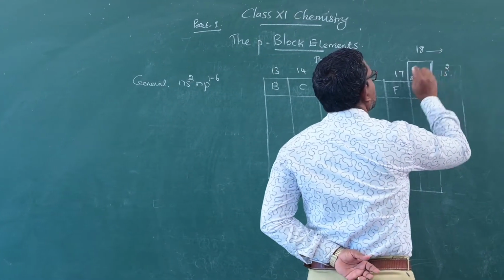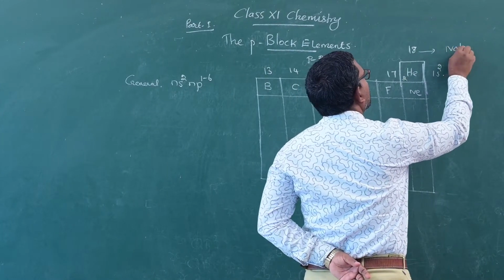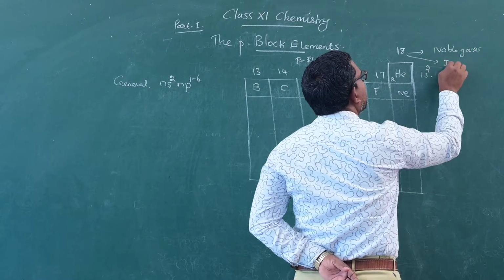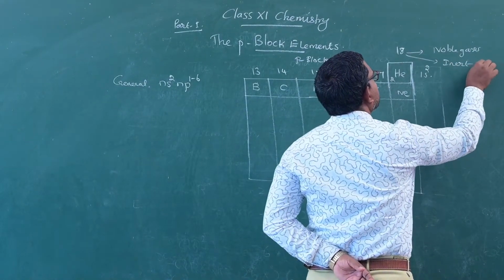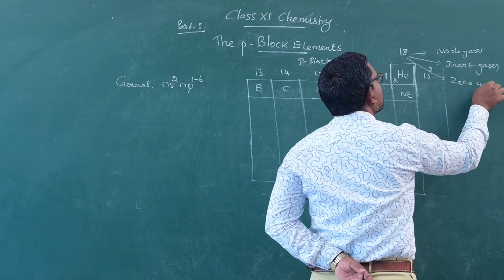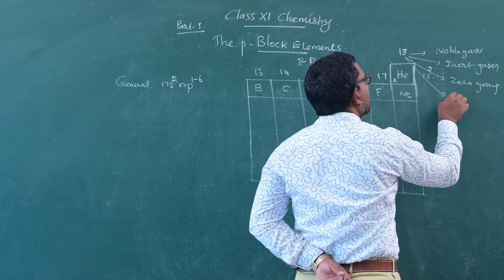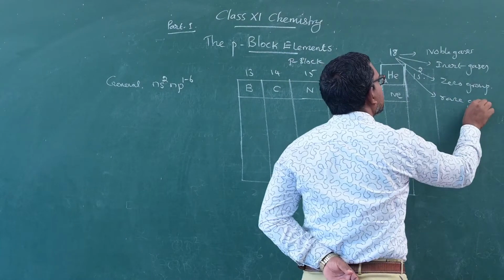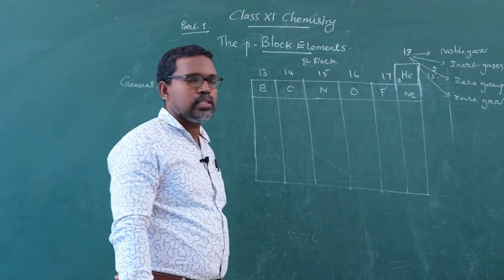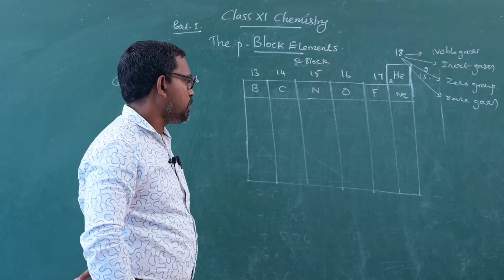The group number 18 is called noble gases or inert gases or zero group elements or rare gases.